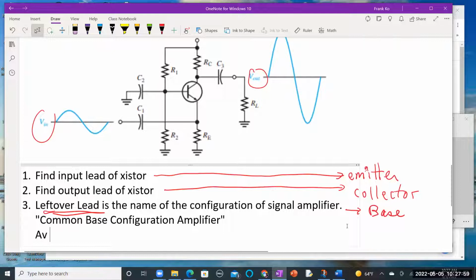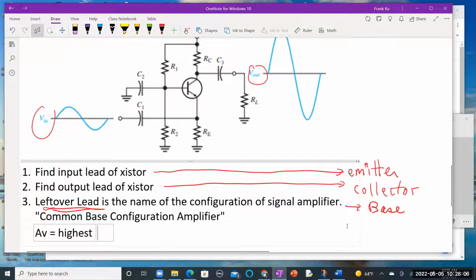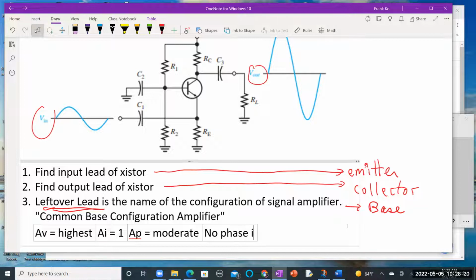And this has very specific characteristics. It has an AV that is, of the 3 different ones, the highest. It has an AI that is equal to 1. It has an AP that is moderate. And it has no phase inversion.